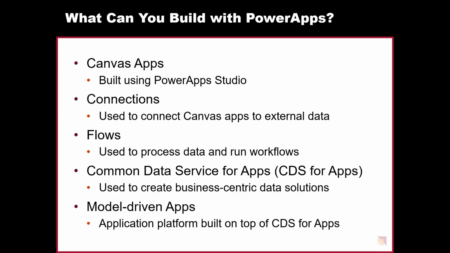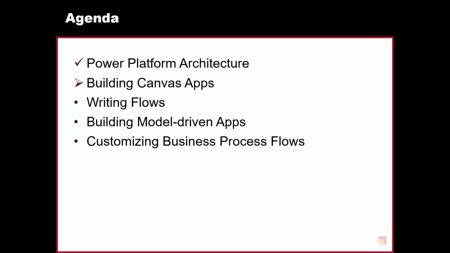We can create connections for Canvas apps and flows so that they can reach out and get data from somewhere else and bring it back and add it into Dynamics 365, or the opposite, export instead of import. We also can extend the common data service by customizing existing entities or adding custom entities, and we can build model-driven apps.